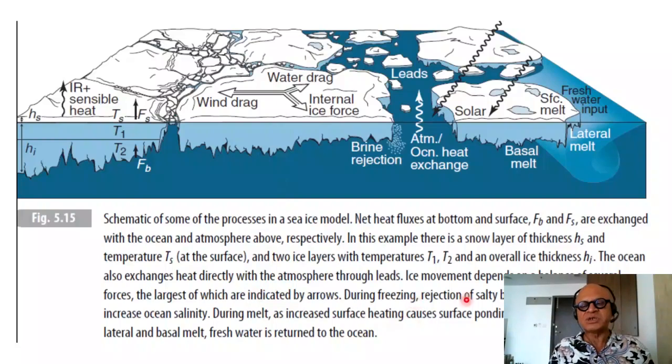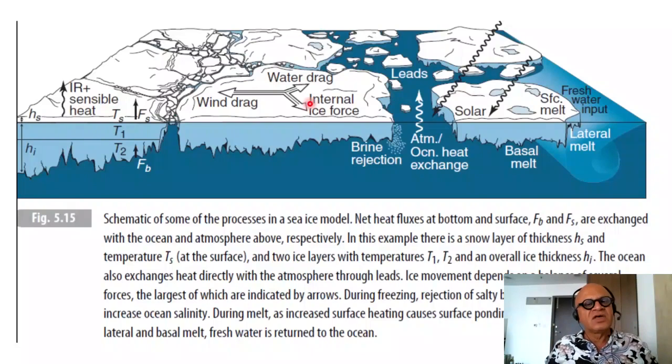During freezing, rejection of salty brine from the ice tends to increase ocean salinity, which means when water begins to freeze because you are pulling enough heat out of it, then the molecules of water get organized systematically with the hydrogen bonds and so on, that they reject the salts, and that is brine rejection.